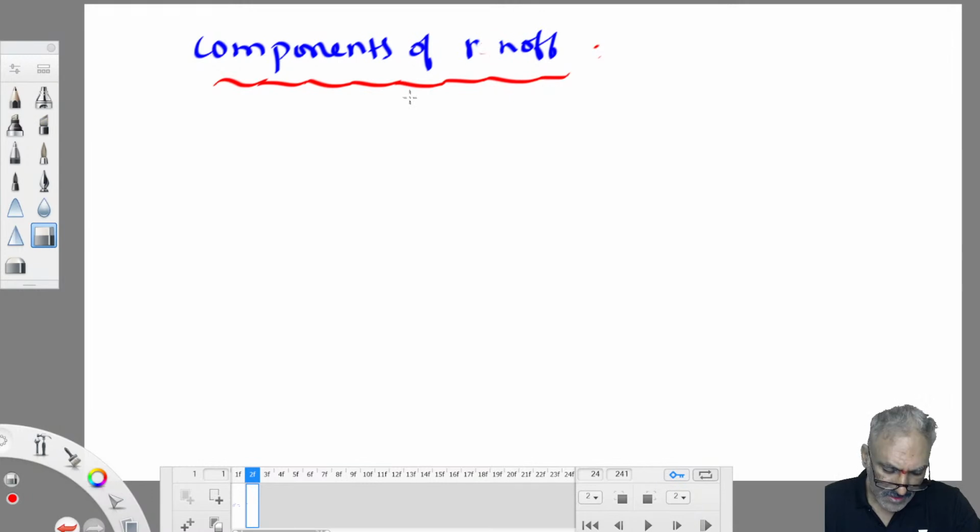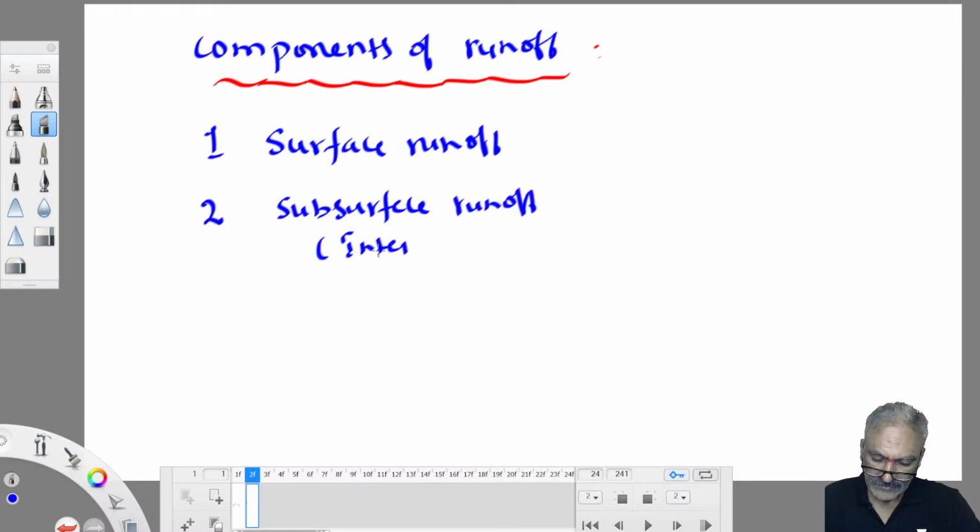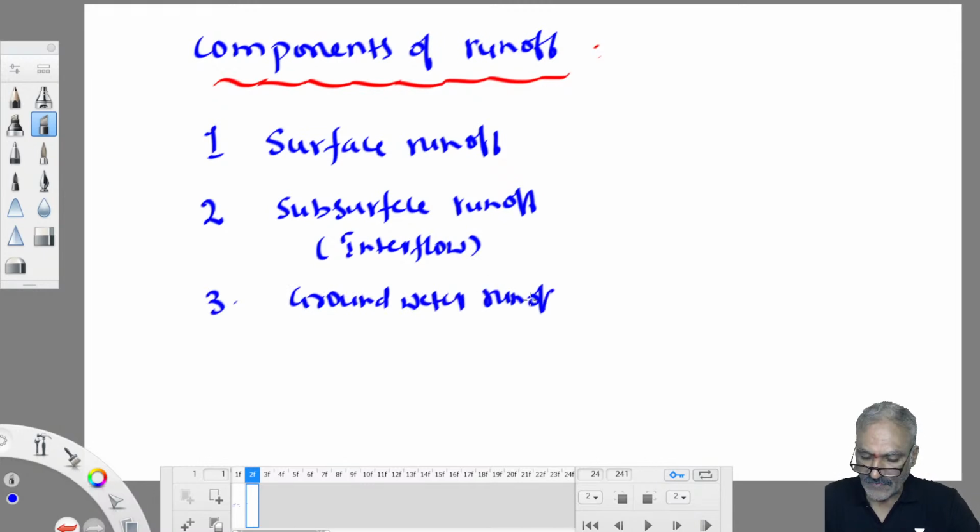The second one is subsurface runoff, which some people also call interflow. And the third one is called groundwater runoff.